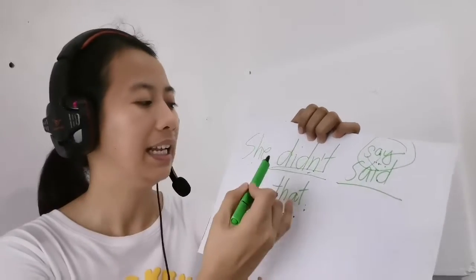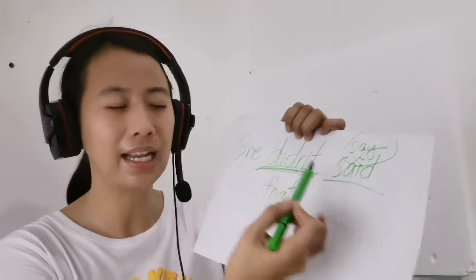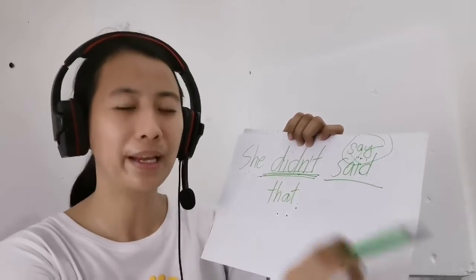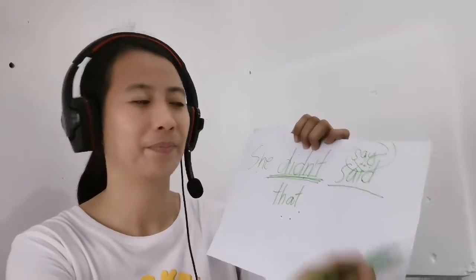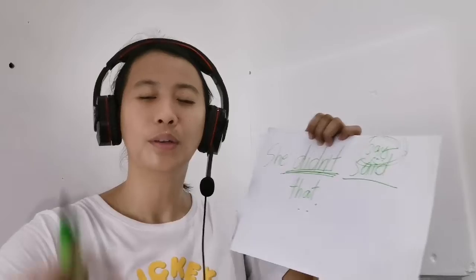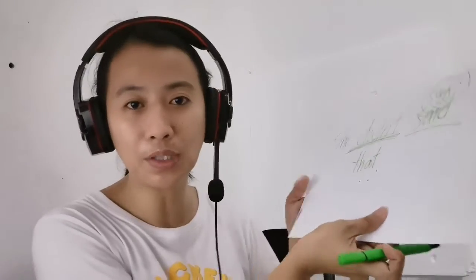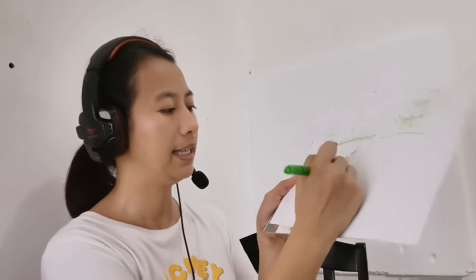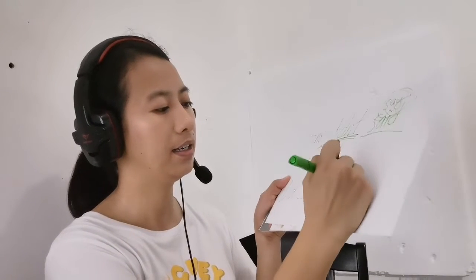Again, did and didn't are always used together with the verb in its base form. Okay? So there you go. Now, the same goes with the question. For example, "Did I hear that right?"